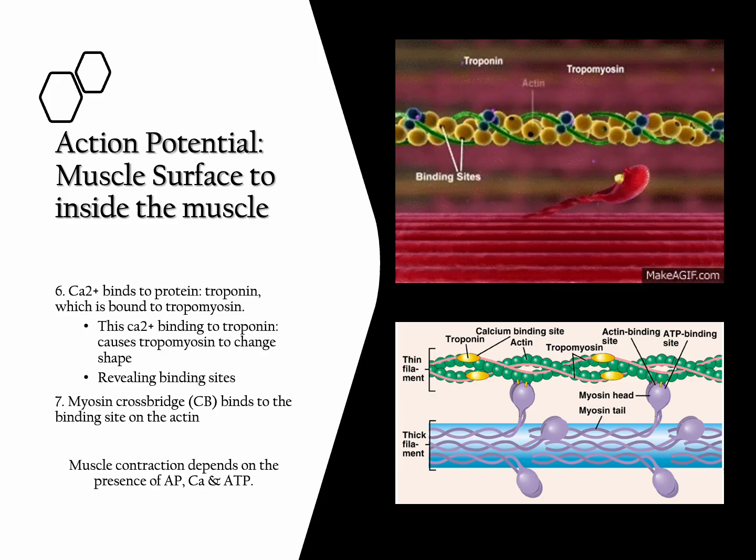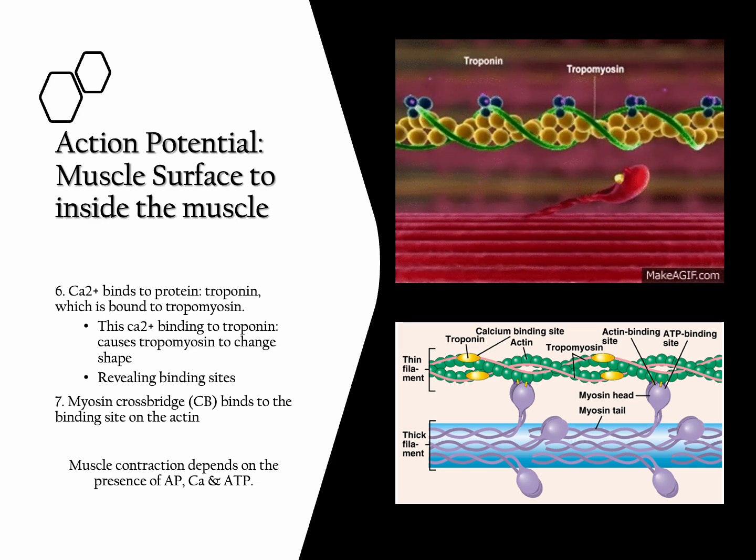Once calcium is released from the sarcoplasmic reticulum, it binds to the thin filament. Remember, the thin filament is built of actin, troponin, and tropomyosin. Now, in order for a cross bridge to occur, the thin filament needs to shift. So again, calcium is released from the sarcoplasmic reticulum.